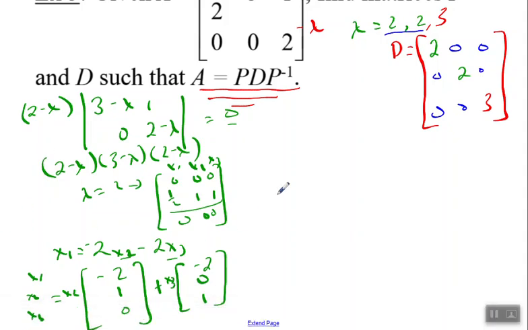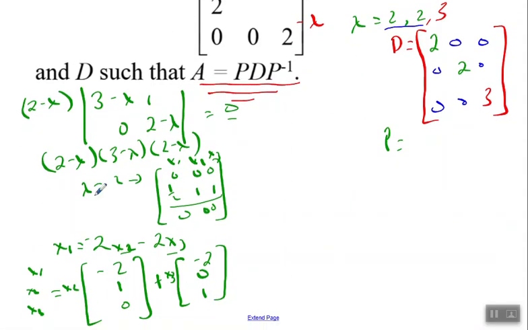Those two vectors are independent. And so therefore my P equals the first, and it doesn't matter which one you write first, -2, 1, 0, -2, 0, and 1.